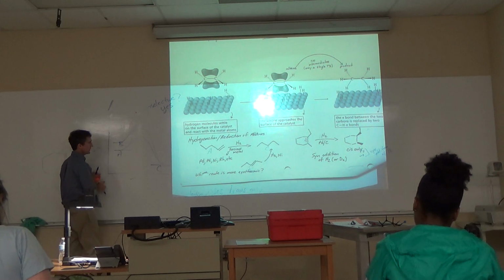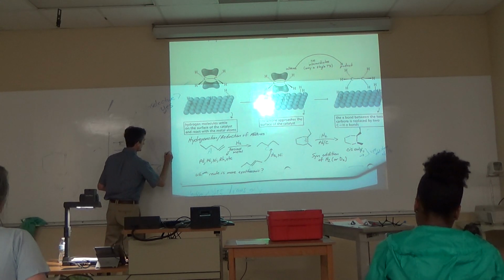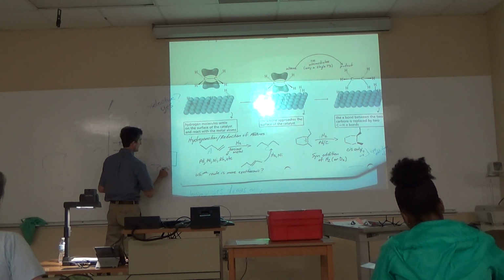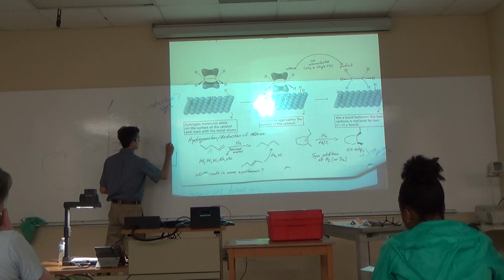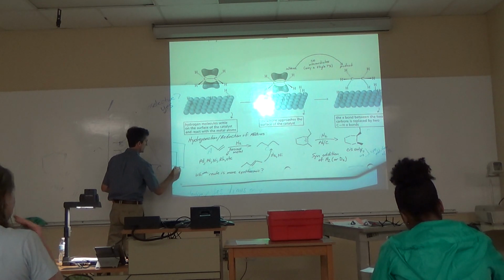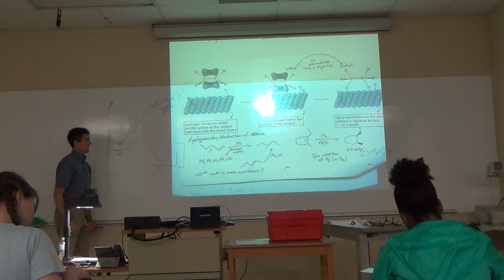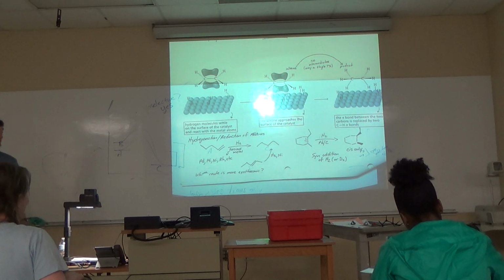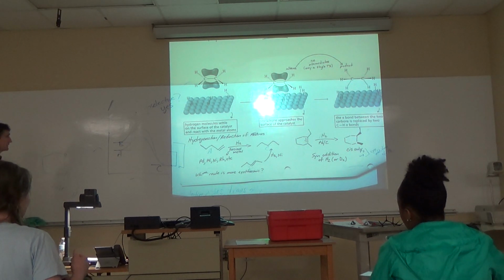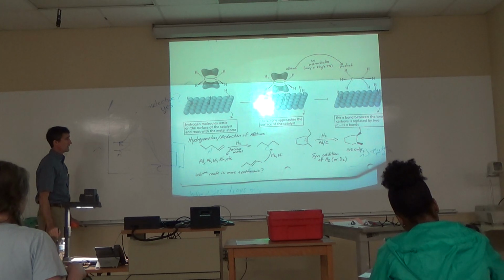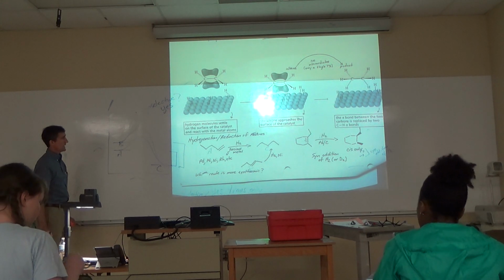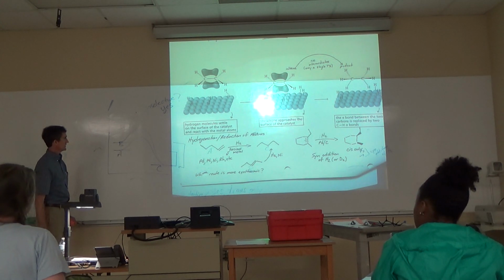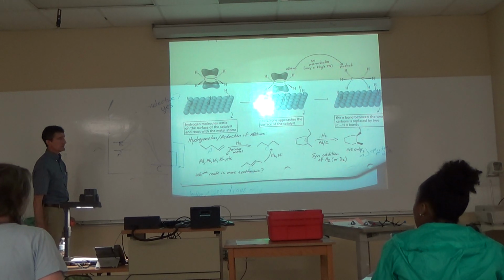Okay, which is more exothermic? Well, you're just looking at the difference here. That one goes from here to here, and this one goes from here to here. Which one is giving off more energy? And why didn't you stop me? Because B is not in the right place. Yeah, so I was thinking.